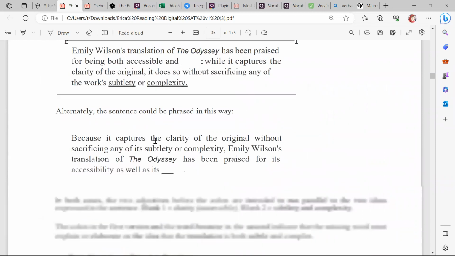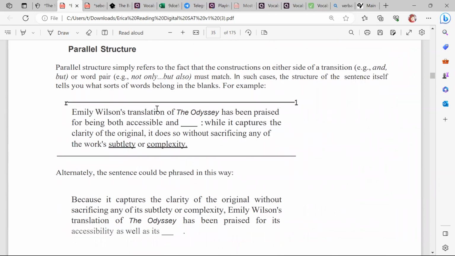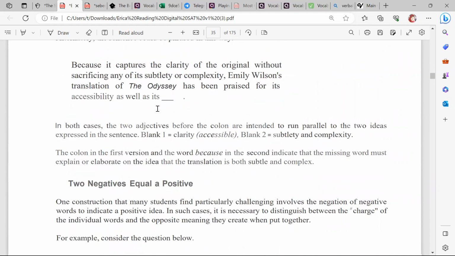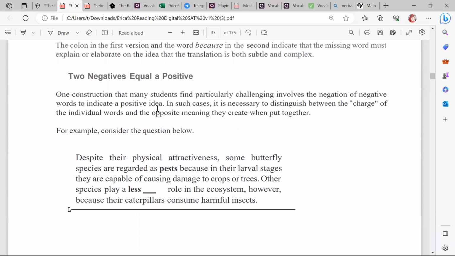Also, parallel structure can be very helpful, because parallel structure simply refers to the fact that the constructions on either side of a transition must match in structure and in tone, so this can help you know the required word.